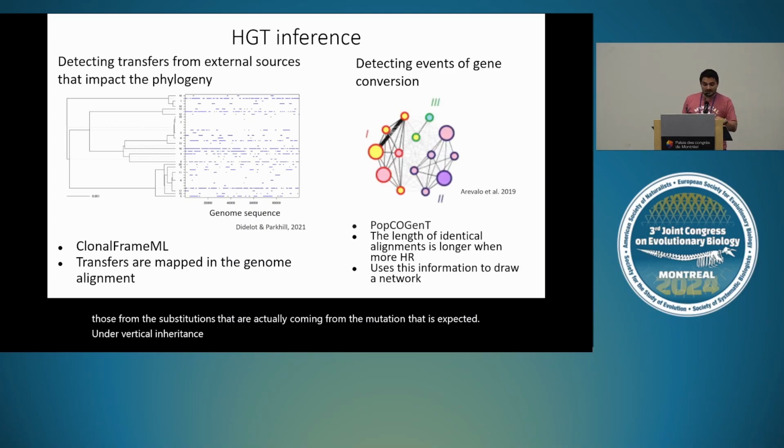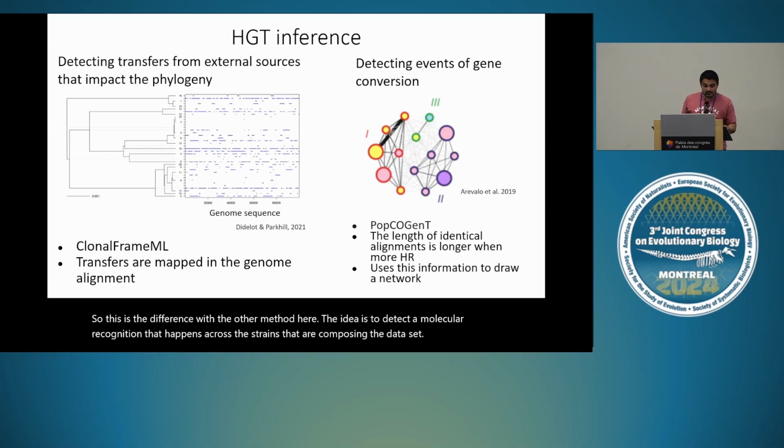The other thing that did work for us was PopCOGenT. With this tool, the idea is to detect those cases of homologous recombination with internal sources. So this is the difference with the other method. Here, the idea is to detect homologous recombination that happens across the strains composing the data set.